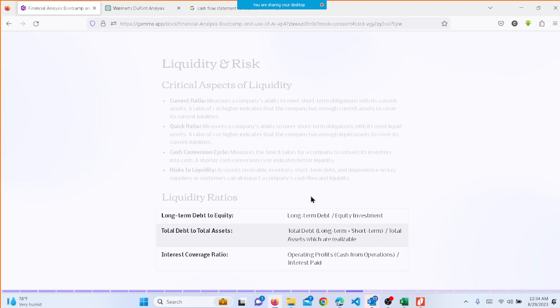The ideal ratio is 2:1. You cannot borrow more than twice the total equity that you have invested in your own company. If the company has taken more than two, it's a problem for the company. It will be deemed risky unless they have a very high asset base.